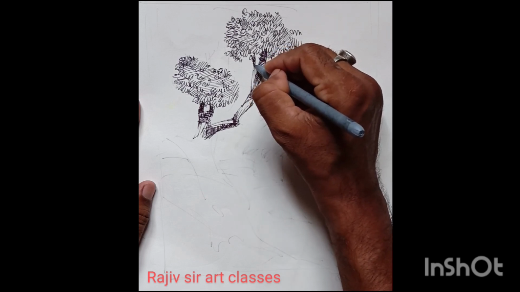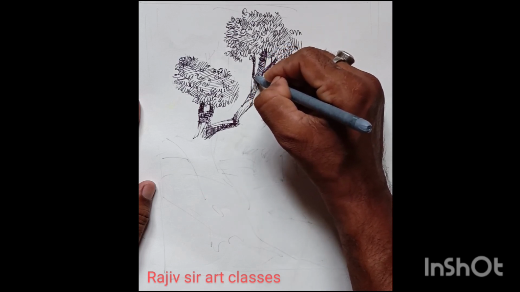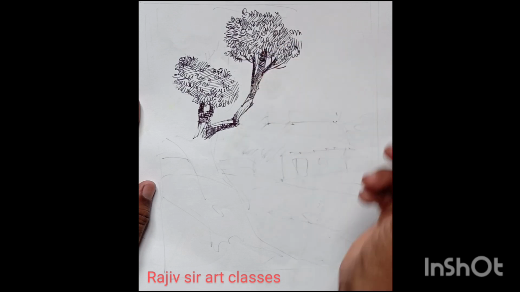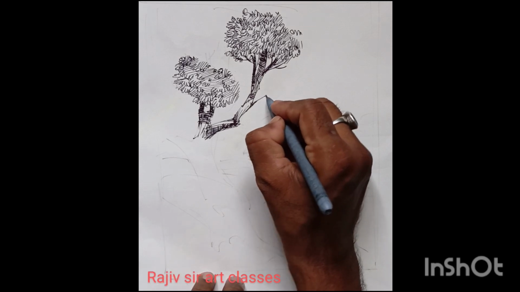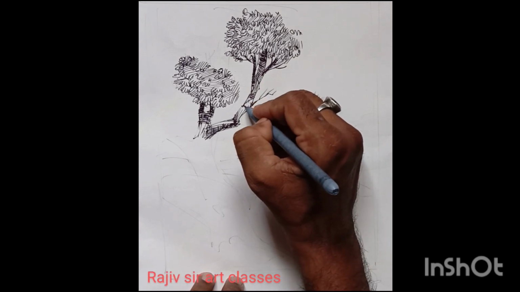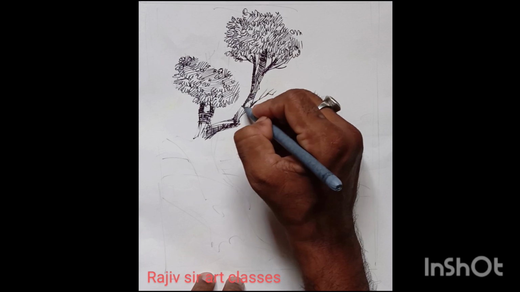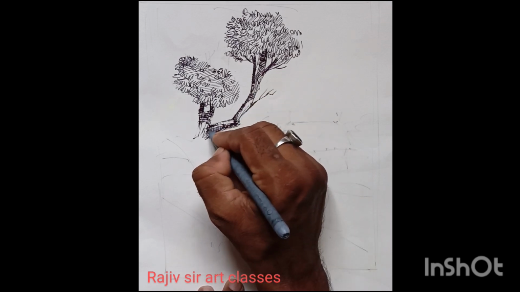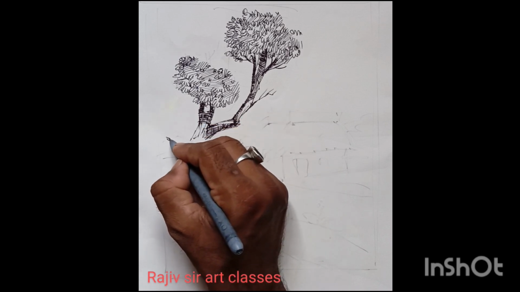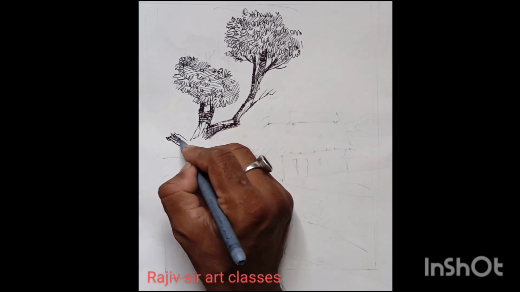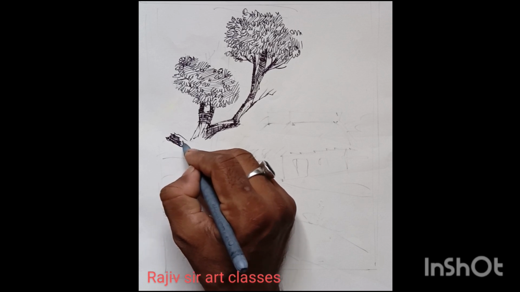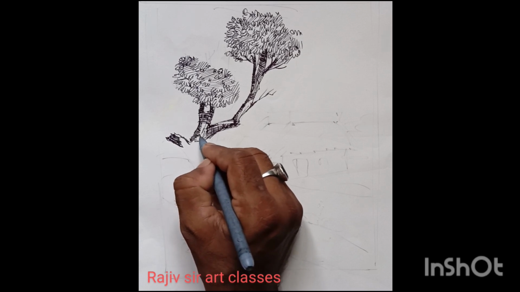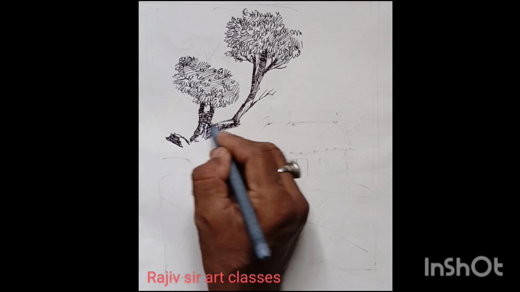The light source is very important in most of the drawings and paintings which you have sent to me. It has a problem with the light. In most of the cases, the light source is not clear, so there will be colors everywhere, but there will be no proper shadows. So keep this in your mind, that whatever you do, whether it is a tree or a bunch or something, you add shadows to the object, whatever object you are doing right now.